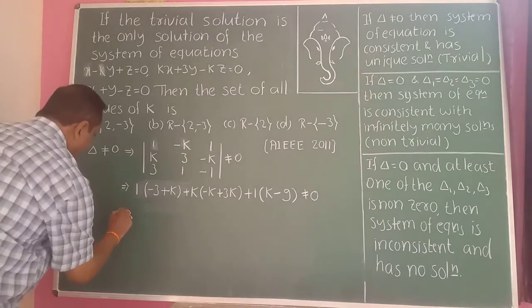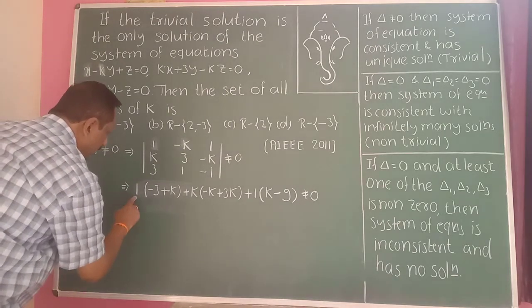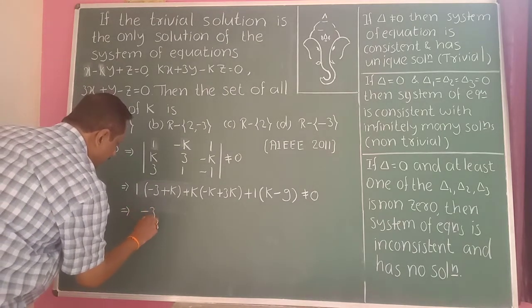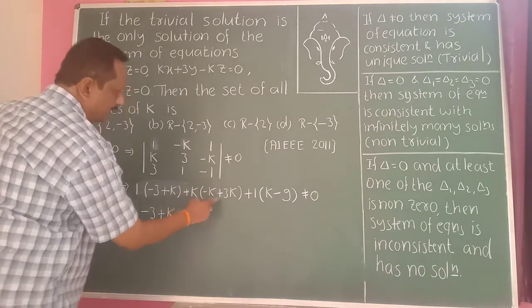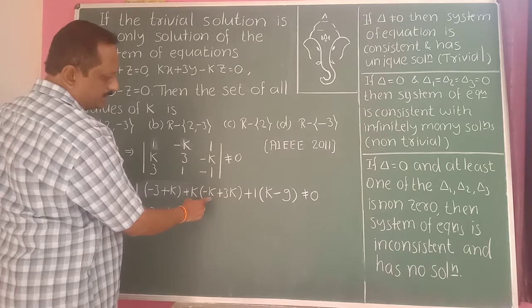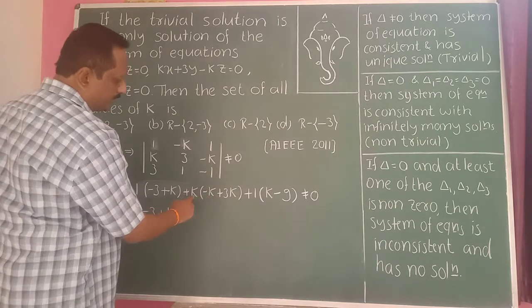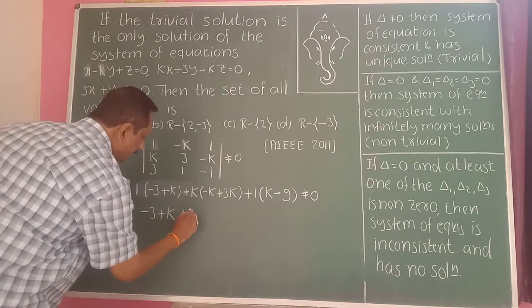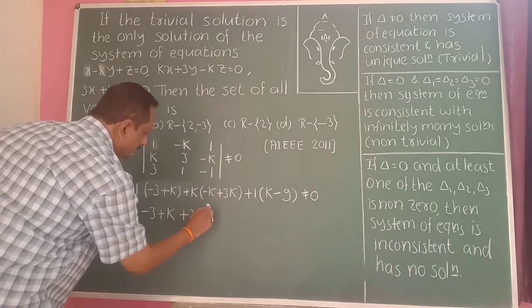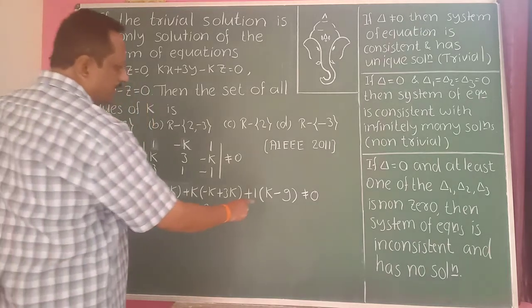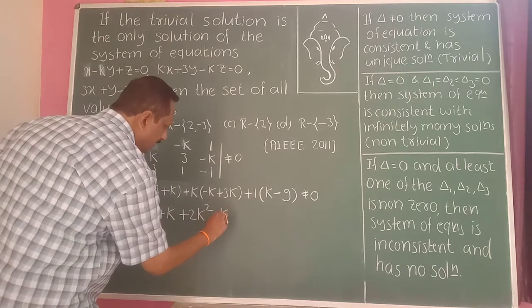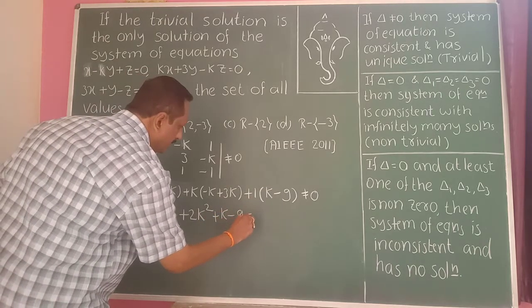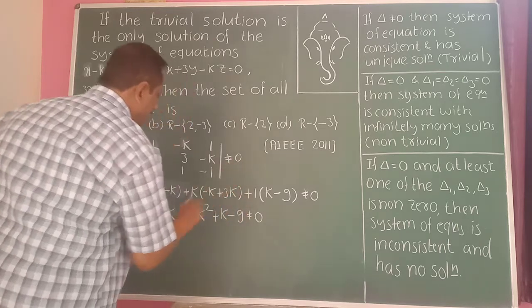Therefore this implies, so 1 into minus 3 plus k is minus 3 plus k. K into 3k minus k is 2k. 2k into k becomes 2k square. So 2k square, then k minus 9 into 1 is k minus 9, not equal to 0.